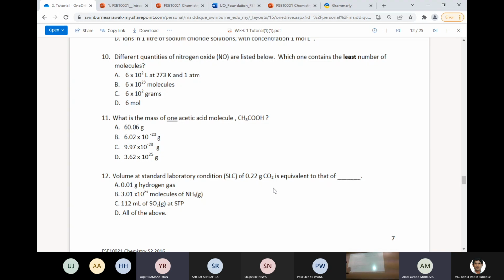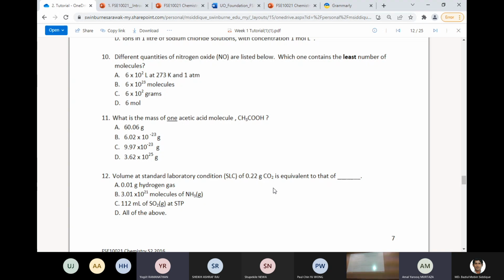So 273 Kelvin is 0 degrees, right? Later on we'll talk about SLC and STP. So it is 600 liters of nitrogen. And then this is 6 times 10 power 20 of nitrogen. 600 grams, 6 moles.